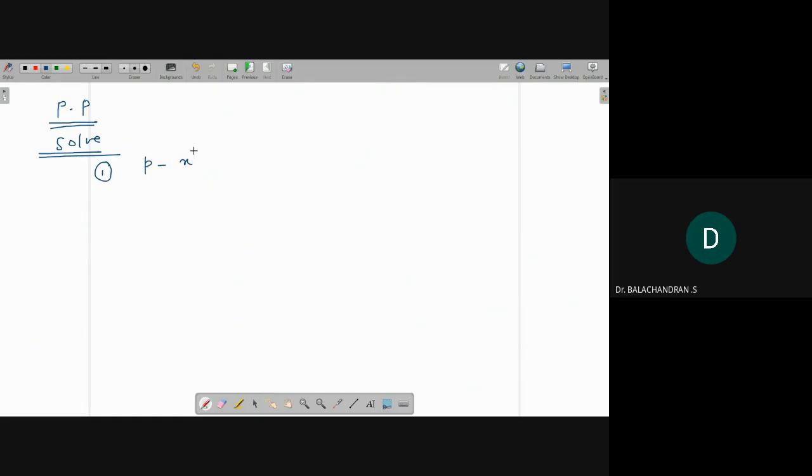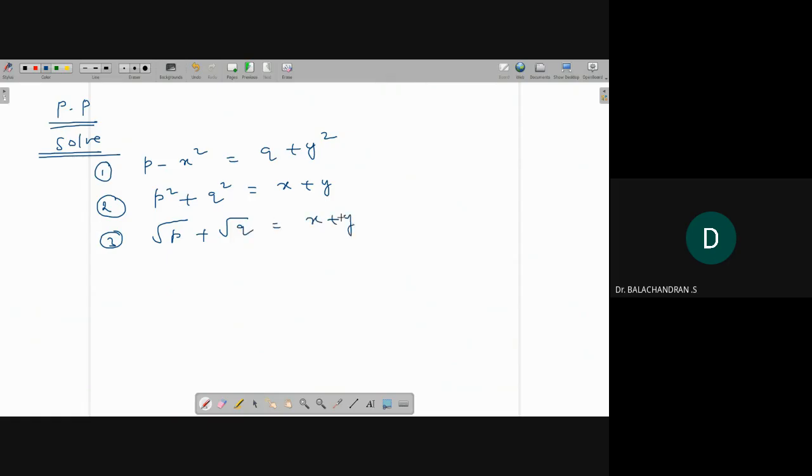So solve x minus p square, p minus x square equal to q plus y square. Again, this is in p, q, x, y. Problem number 2: p square plus q square is equal to x plus y. Third problem: root p plus root q equal to x plus y.